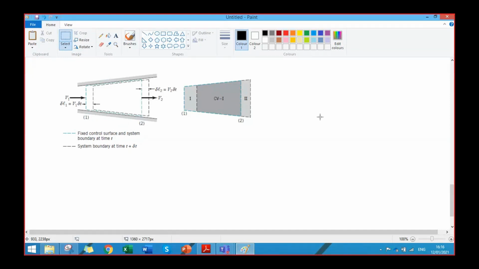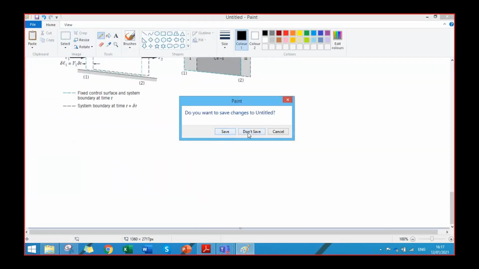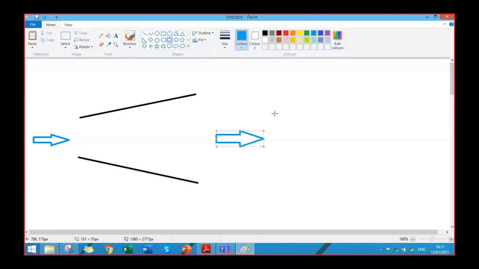Let me redraw it for you in order to have better understanding. So let's say this is a pipe like this. There is inflow from here and there is outflow from here. If I try to define a system, the red lines are my system.